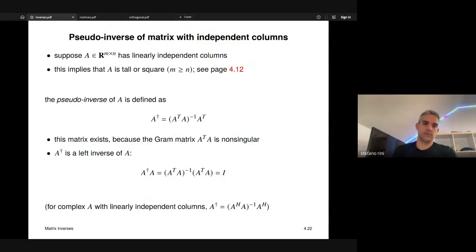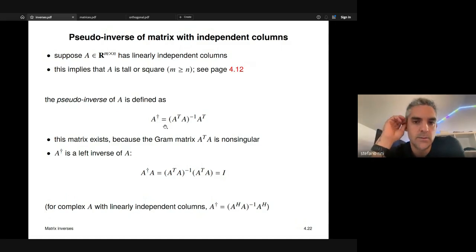Okay, what is a pseudo-inverse? And what are the properties of the pseudo-inverse? Let's see. So here we will call it A dagger, right? A dagger is equal to (A transpose A) to the minus 1 multiplied by A transpose. Okay, we see this and we have to believe it. So we want to see a couple of things here. If m is equal to n, then the matrix is square.